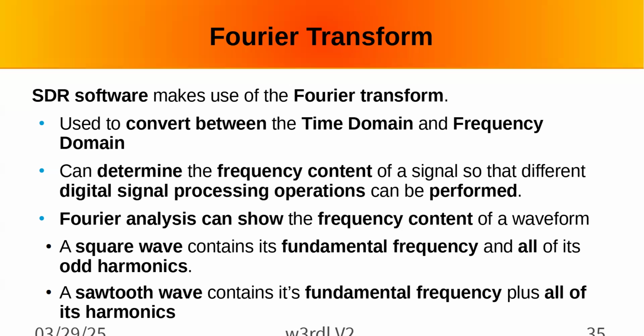So if you had a pure sine wave and you do an FFT, all you're going to see is a peak at whatever that fundamental frequency is. If there's any distortion in it, then you're going to see some additional peaks that are harmonics or subharmonics that are part of that waveform, if it's not a pure sine wave.